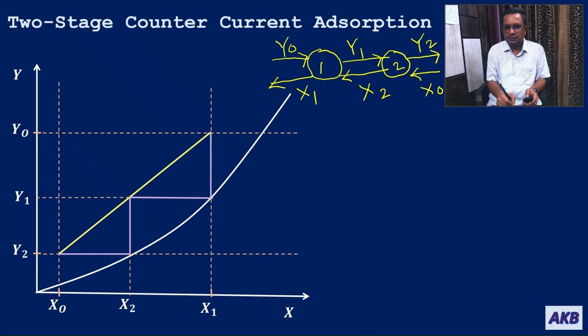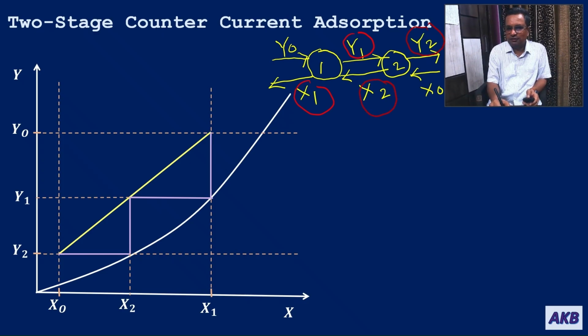So the point is, X1 and Y1, they are in equilibrium with each other, and you can easily understand it over here. Y1 is in equilibrium with X1, and for the second stage, Y2 is in equilibrium with X2.